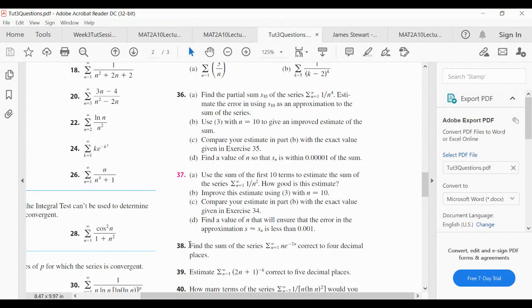And that function must have the property that at each of the natural numbers, the value of that function must be the same as the value of this sequence that generates the series. In other words, we need to look at a function, the function.